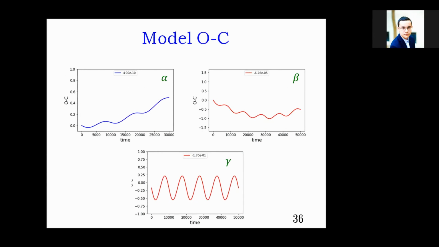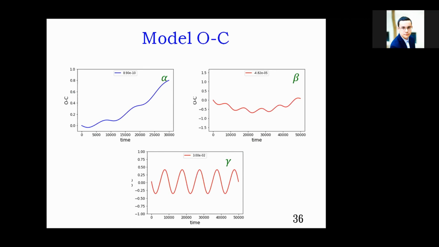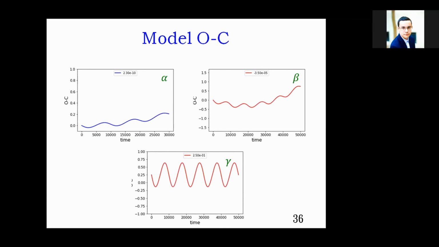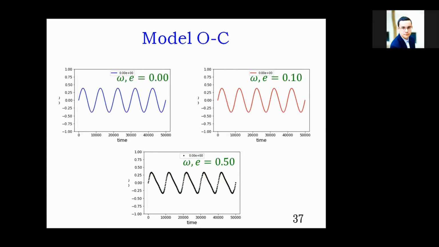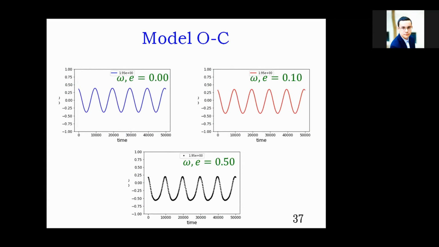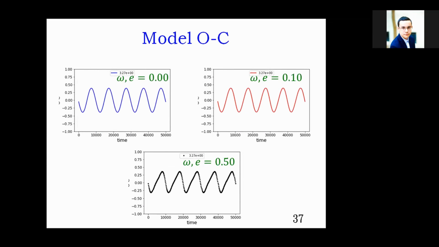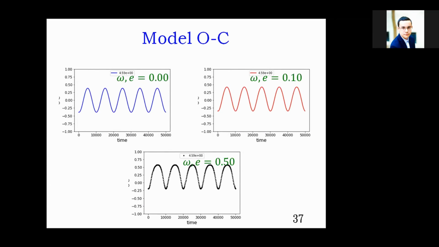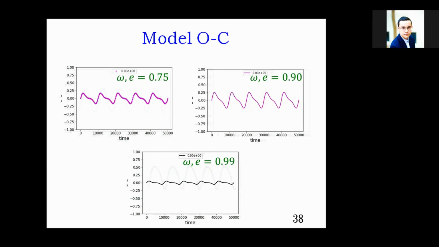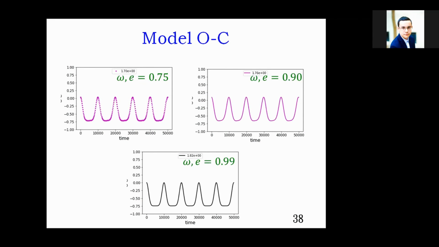Also, there is a parabolic trend with some changing of parameters. And finally, for an elliptical orbit, the shape of the O-C curve could be almost any, especially for large eccentricities.